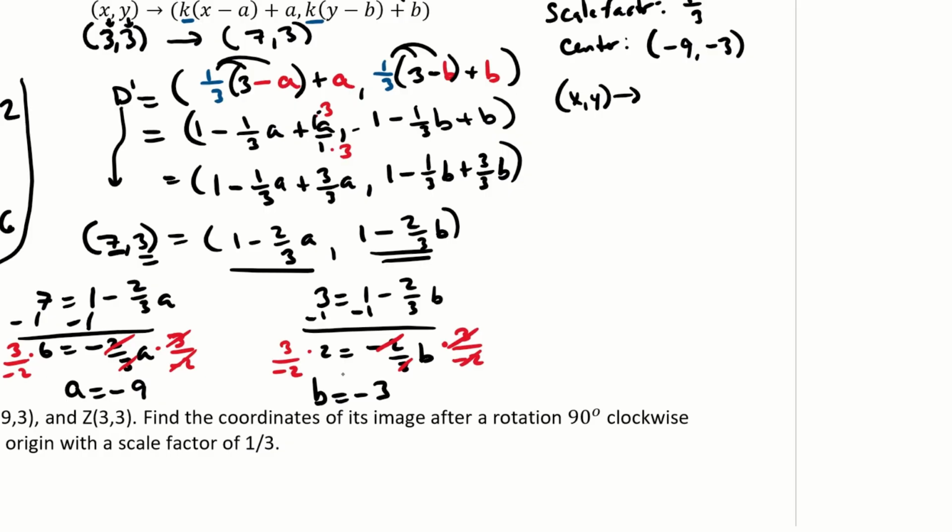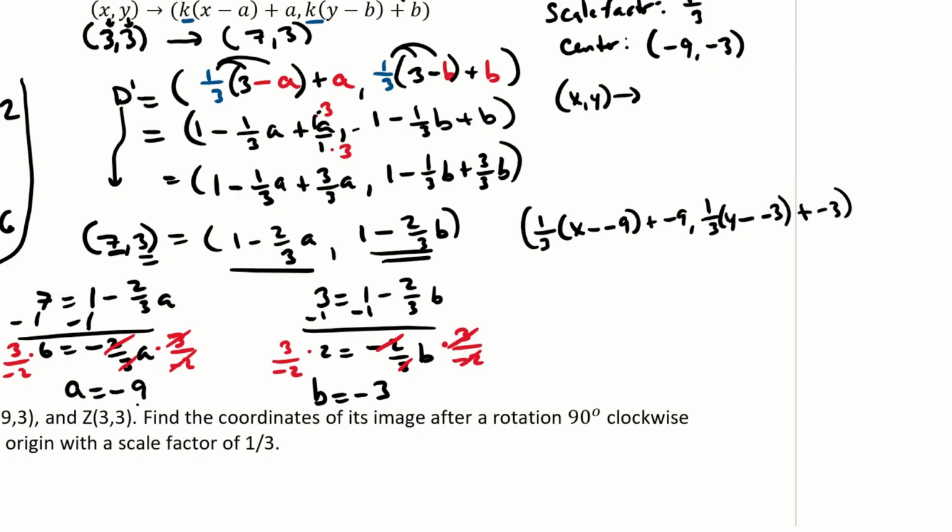It was 1/3 times x minus a. Now a is negative 9, so we're going to plug that in, plus negative 9. And then the y coordinate is 1/3 times y minus b plus b, right? So 1/3 times y minus, I'm running out of room here, but b is negative 3, plus negative 3.